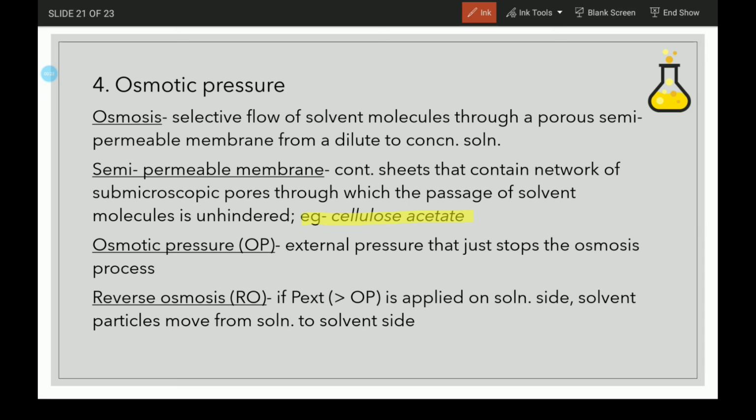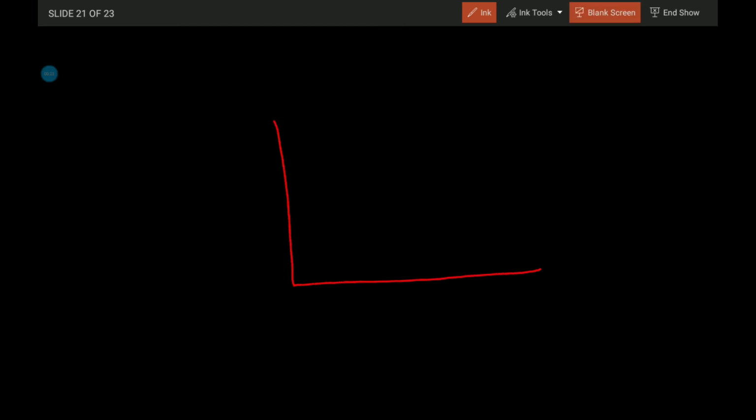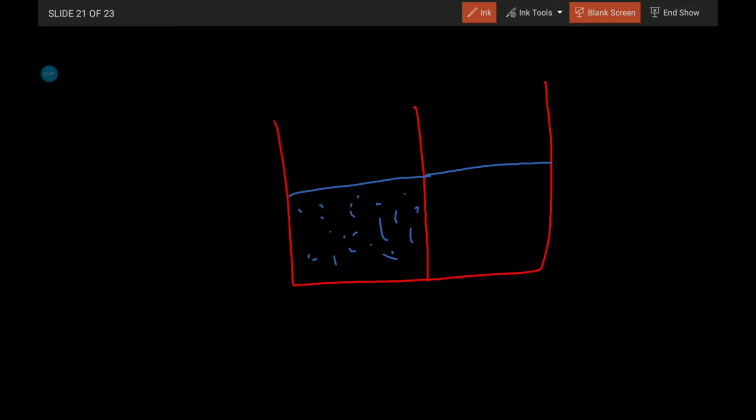Let us understand. Let us take a container and divide it into two parts. Both of them have water in it. One is a very concentrated solution, and the second one is the dilute solution, or simply water. So osmosis says that water will be driven from the right container to the left container.